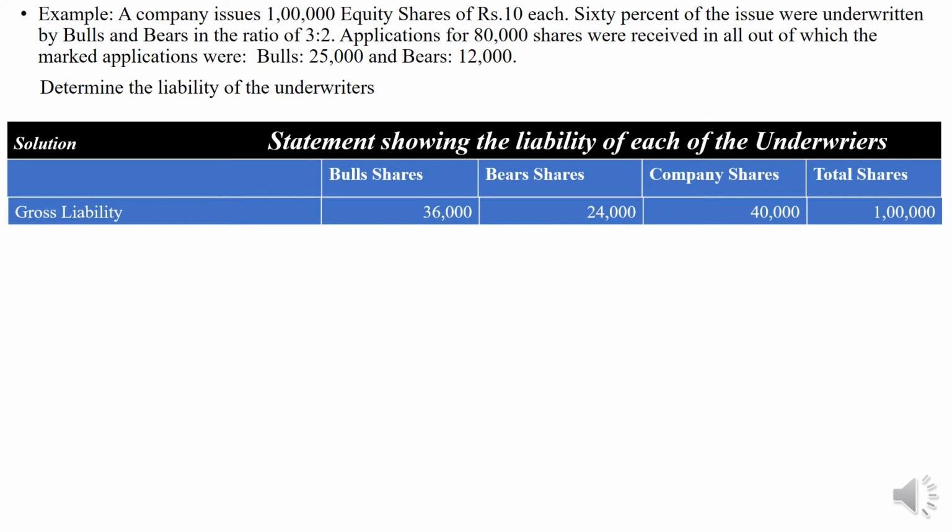The company has to underwrite the other 40%, because only 60% is underwritten by the underwriters. So Bull gets 36,000 shares and Bear gets 24,000 shares.